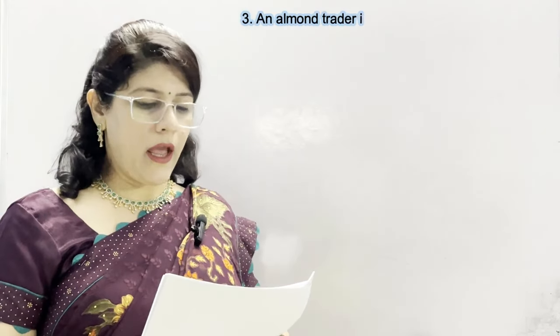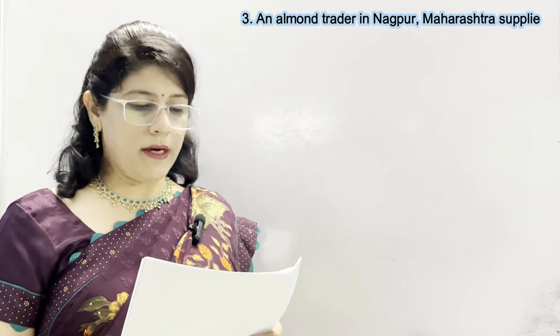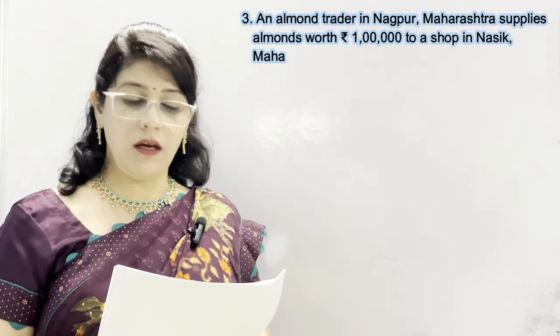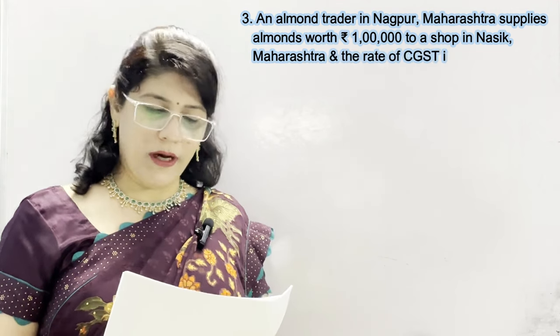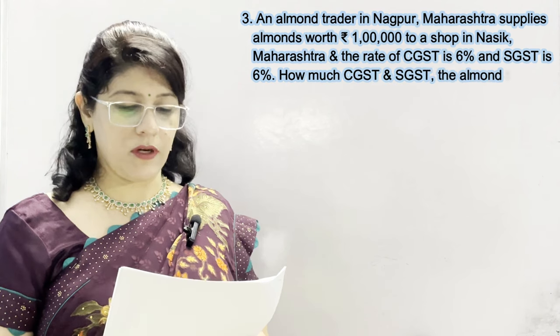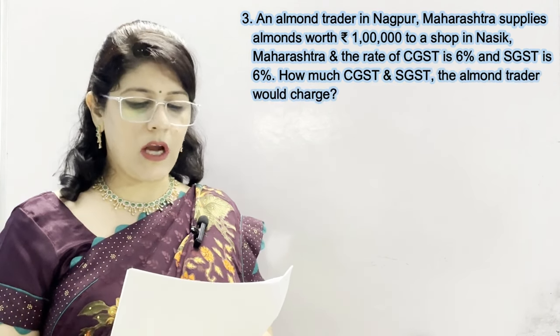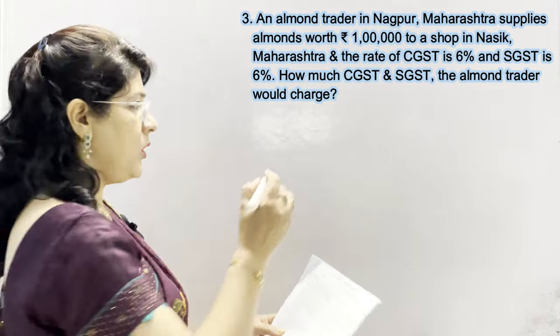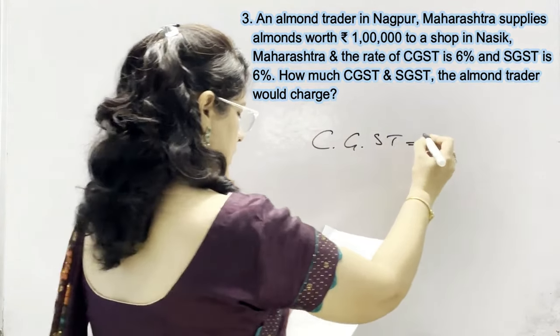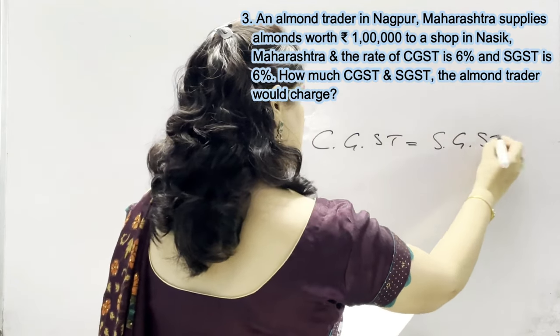Question number 3. An almond trader in Nagpur, Maharashtra supplies almonds worth rupees 1 lakh to a shop in Nasik, Maharashtra. It means Maharashtra to Maharashtra. And rate of CGST is 6% and SGST is 6%. How much CGST and SGST the almond trader would charge? So we know the rate of CGST is equal to the rate of SGST.